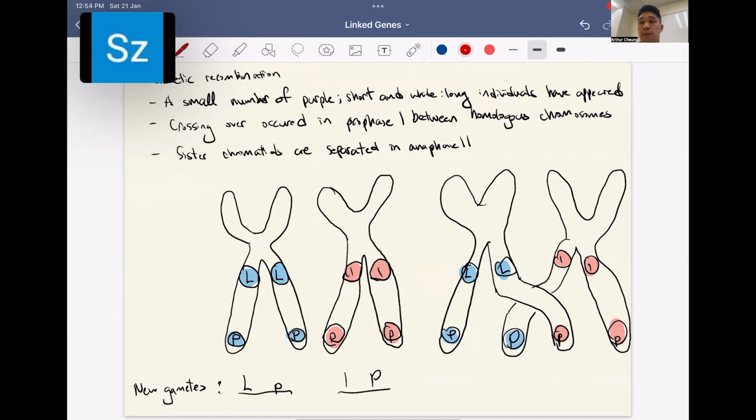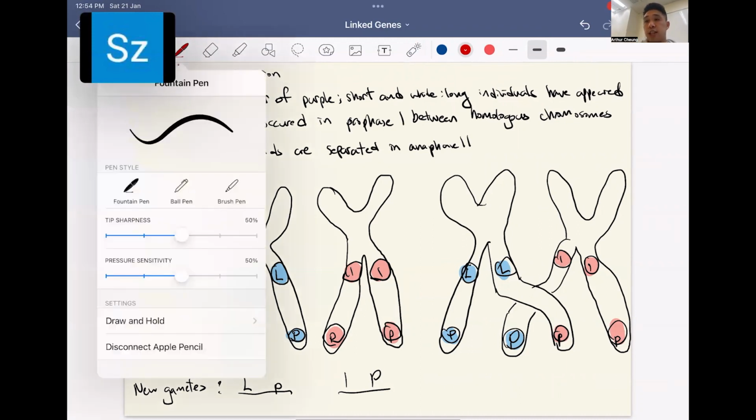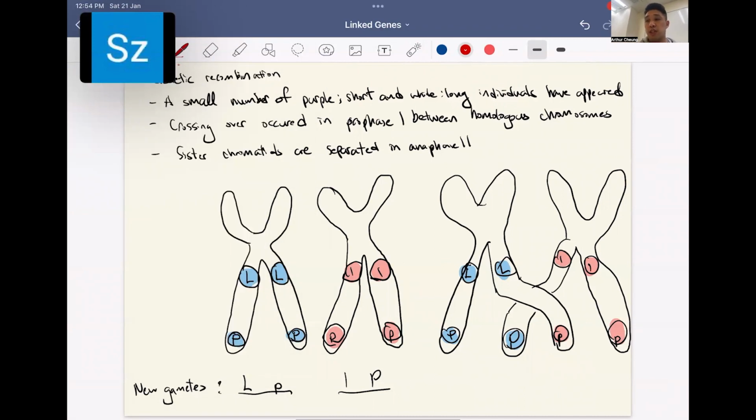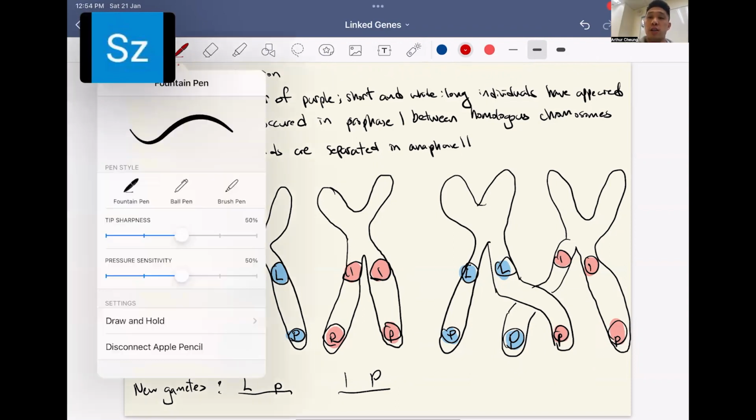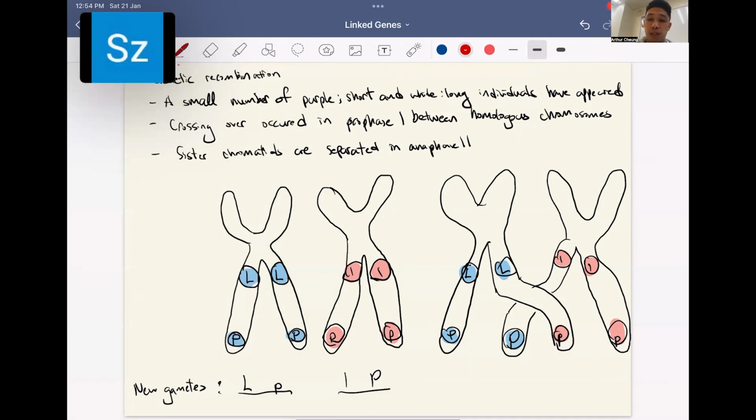When in prophase 1, some of the genetic material, so we have non-sister chromatids crossing over each other, making a chiasma. And when they are pulled apart, there will be an exchange of genetic material across chromosomes. So that's why new gametes can be formed in this way.